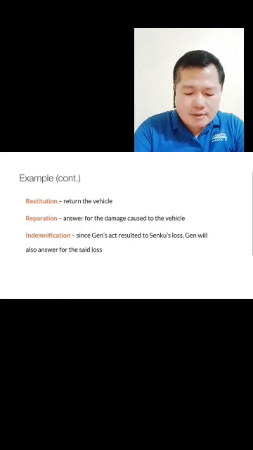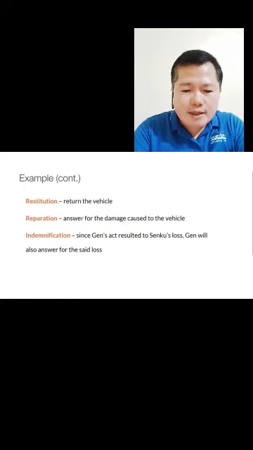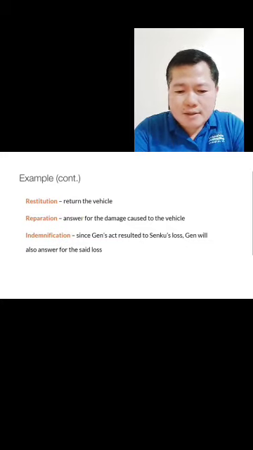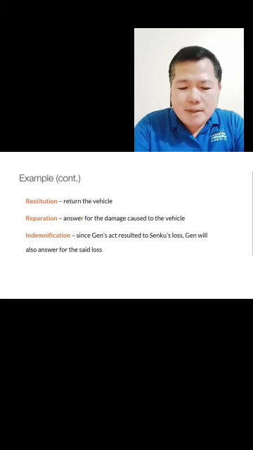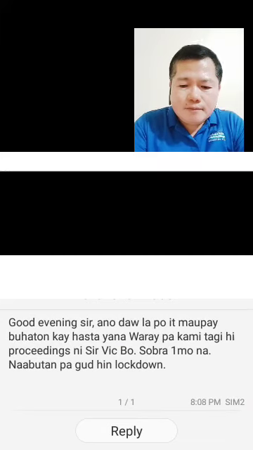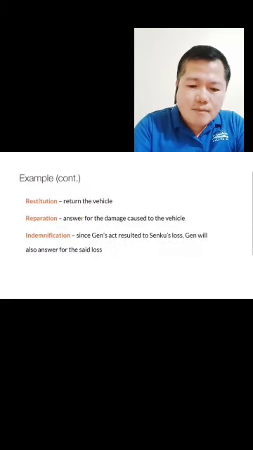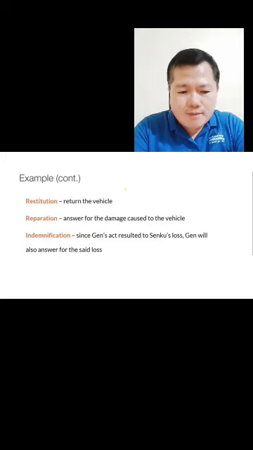Okay? So Gen is to indemnify Cinco for the loss. Let's say the amount lost by Cinco is 50,000 or 100,000, it depends on the amount, then he will receive that amount.